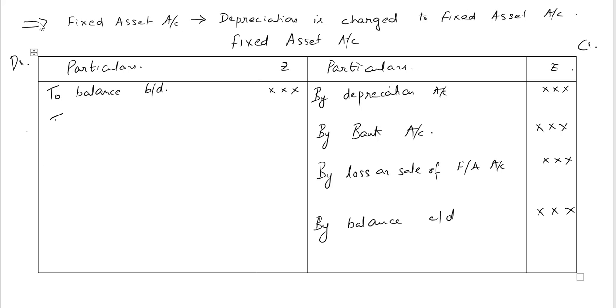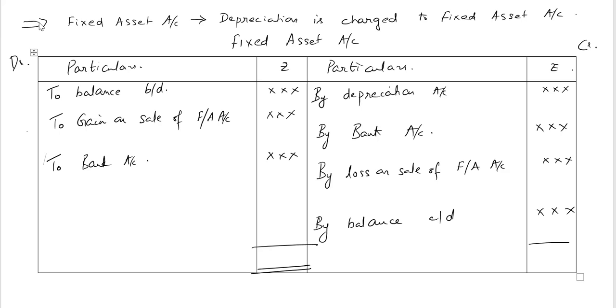And in case of gain on sale, to gain on sale of fixed asset account. And any purchase of fixed asset will come as to bank account. And the account balances.